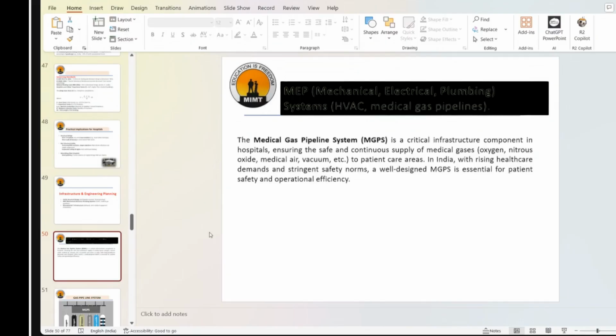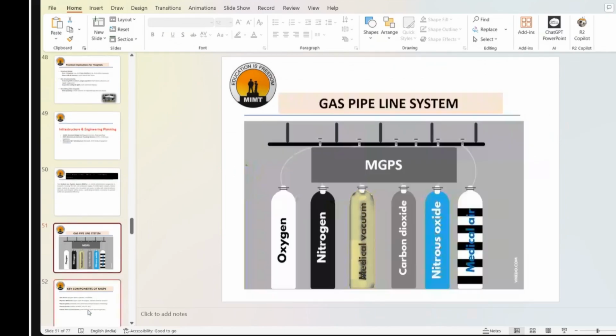So that system is very much important. And after this COVID, the market of this particular multi-fold medical gas pipeline system is increasing.